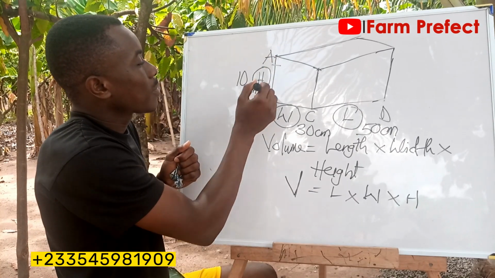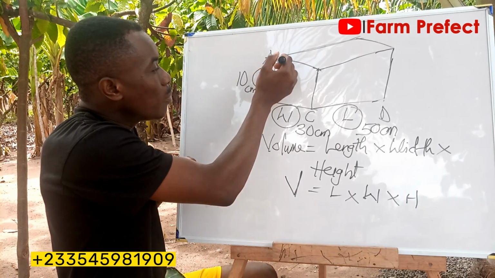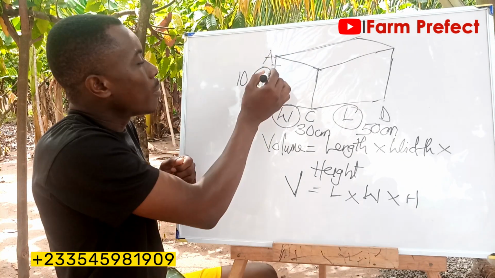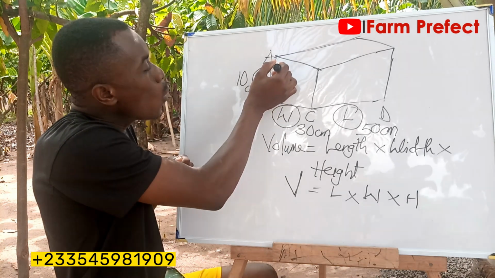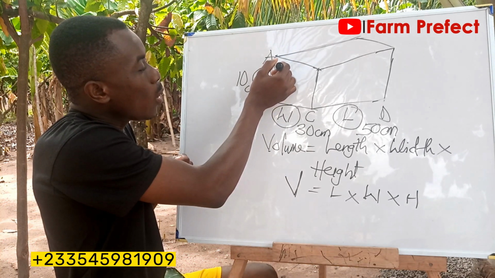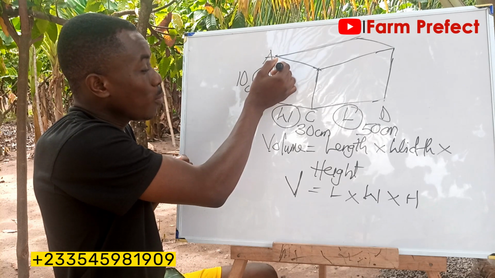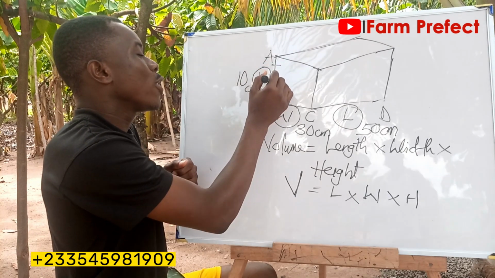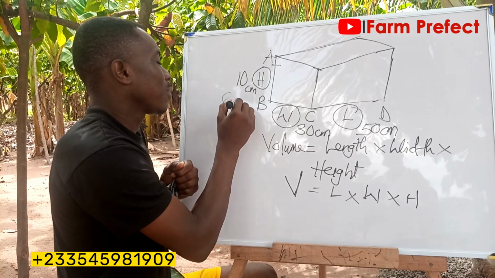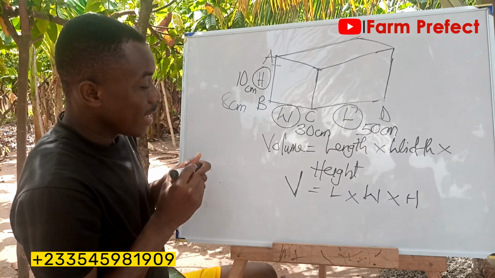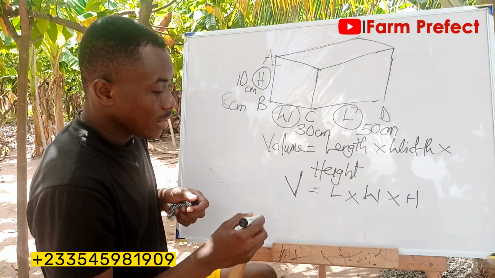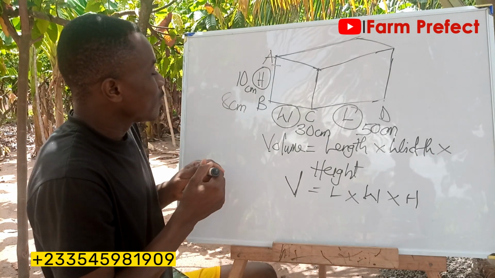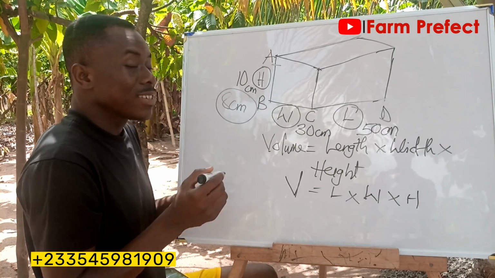So let's say it is situated around 2 cm. Then it means that in our calculation, we cannot be using from point A to B. No, we can't do that. But rather, we'll use from the overflow point to the bottom. So let's say that from the overflow point to the bottom is 8 cm. Yeah. So if it is 8 cm, then it means that our height for the calculation will be 8 cm.